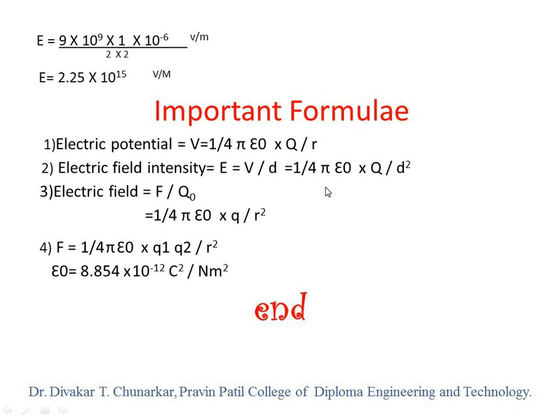If the value of Q, the value of epsilon 0, and the value of D square are given, then you use the formula for electric field intensity, 1 by 4 pi epsilon 0 into Q upon D square.